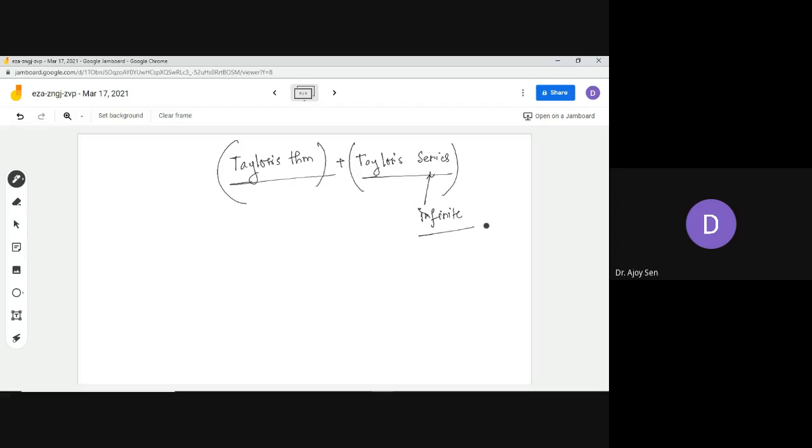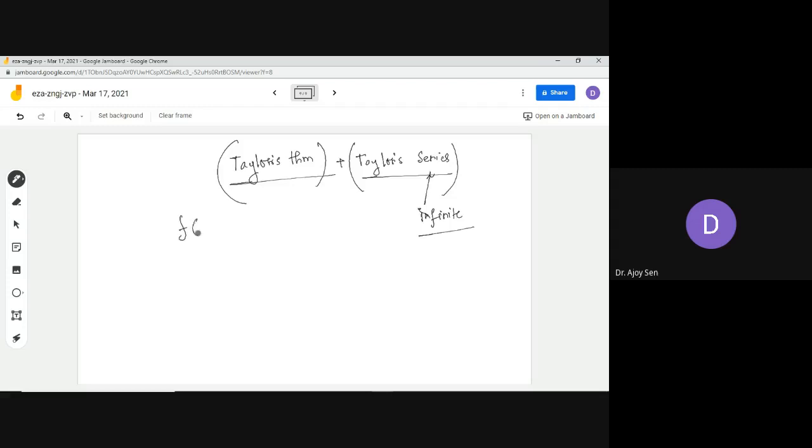But I can say that this Taylor series should not be in this syllabus. Only the Taylor's theorem part or the Taylor's polynomial part should be there in your syllabus.